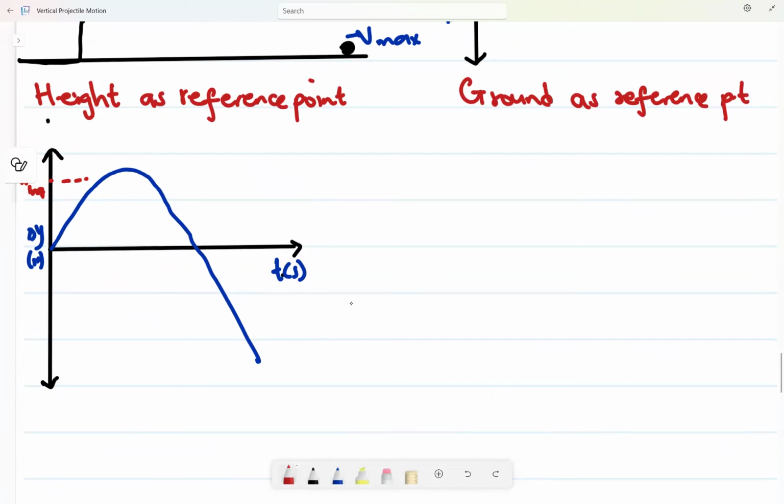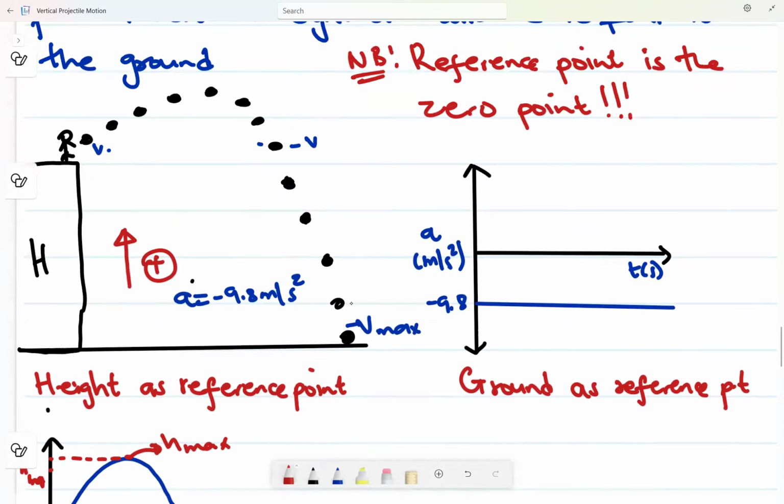So this value here will be H max. Then this will be the height here, okay? Then this is us coming back, then it going to the ground.